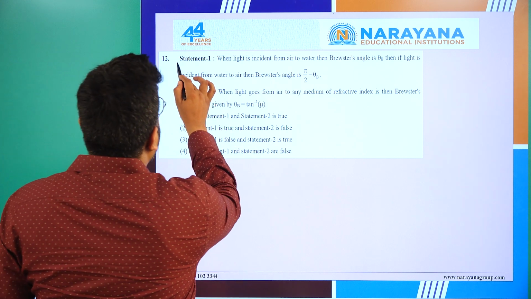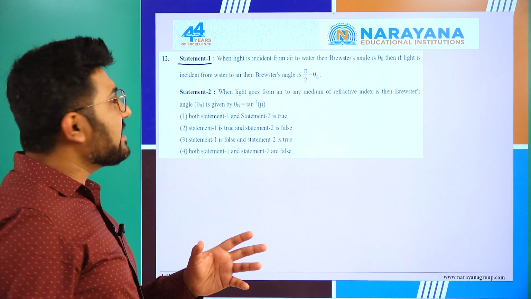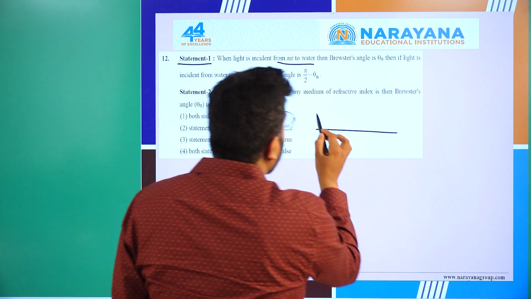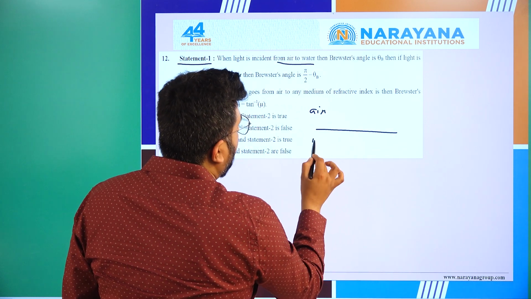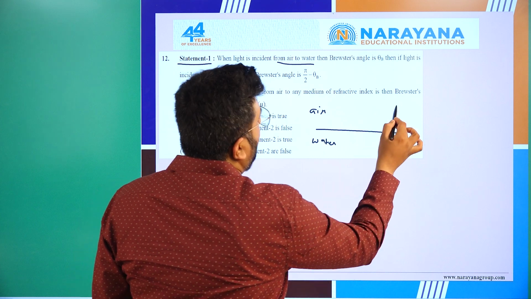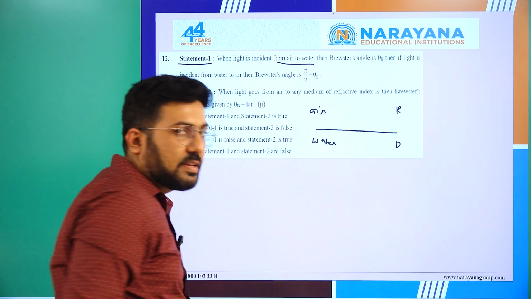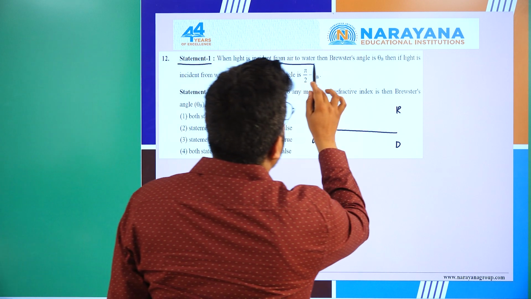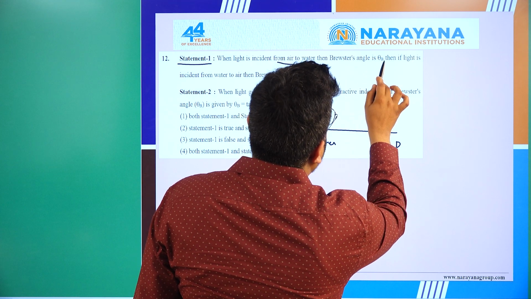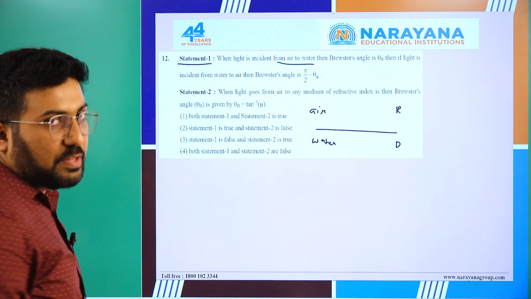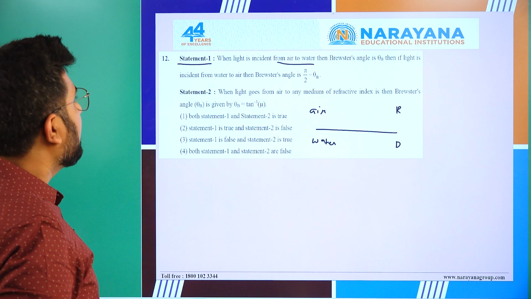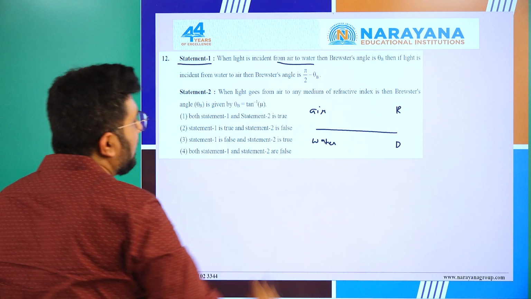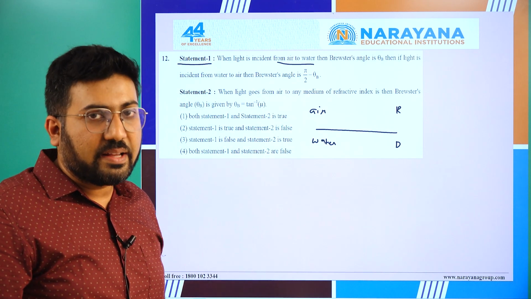Statement 1 is: when light is incident from air to water, basically it means from rarer to denser, the Brewster's angle is theta b. Then if light is incident from water to air, what will be the Brewster's angle?